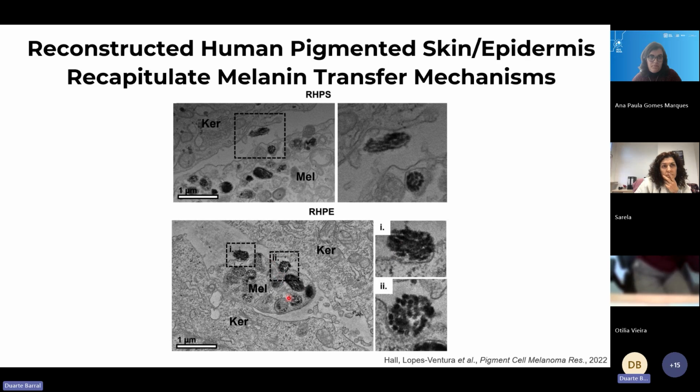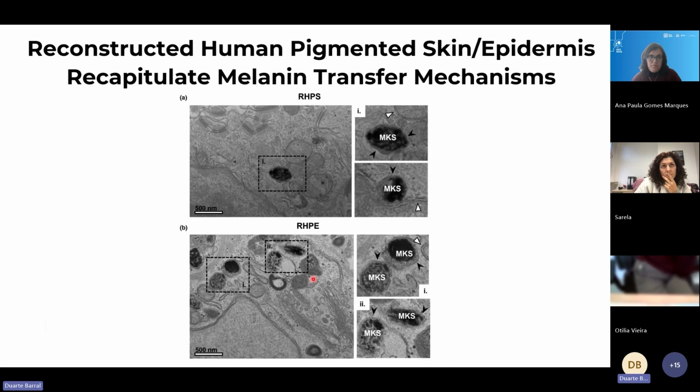This is a dendrite in cross section, to the neighboring keratinocyte. And so melanin is transferred exactly in the same way as in the human skin. And these are reconstructed epidermis and skins.